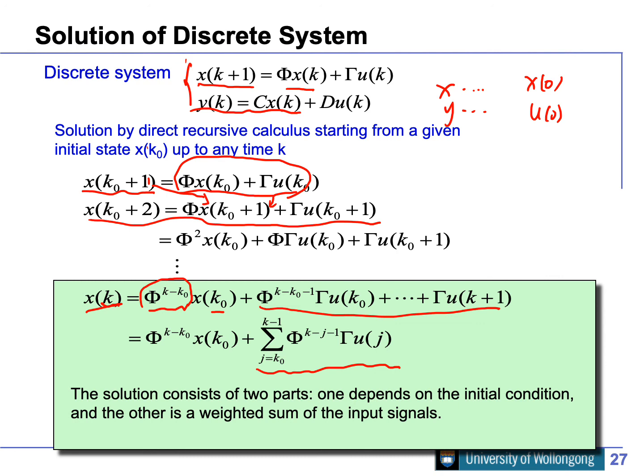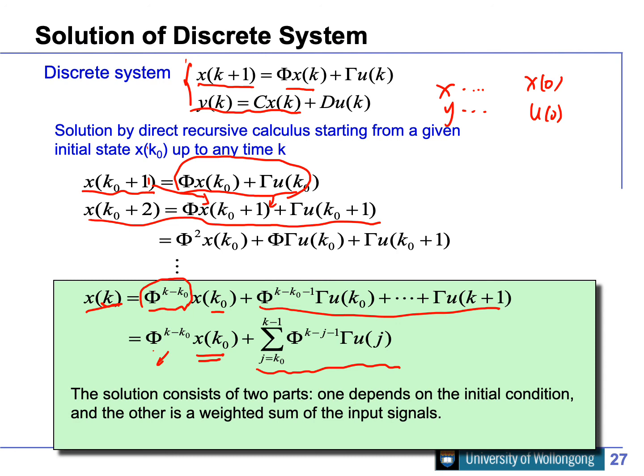So if you look at these two components, the first part relies on the static initial state x0. So it depends on what xk0 is initially, and every sampling time that passes, you multiply with a phi. This is called the no-input response, which only relies on the initial condition.